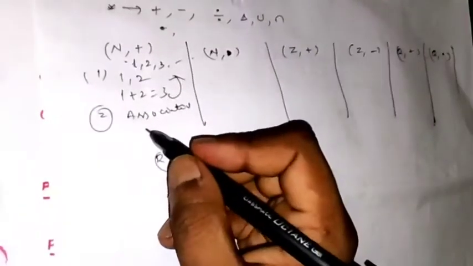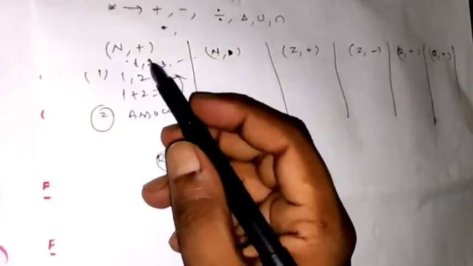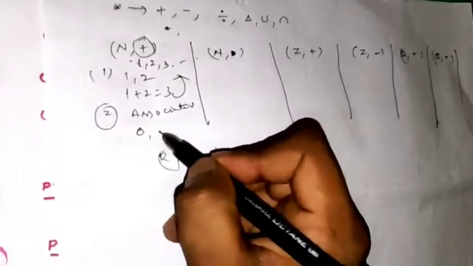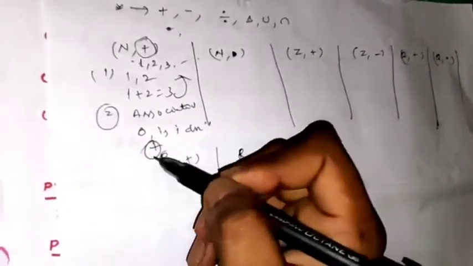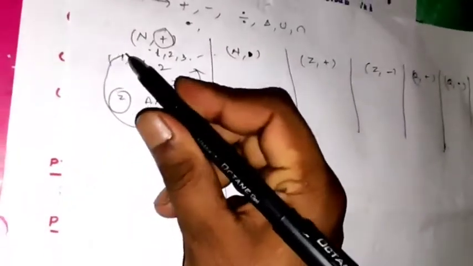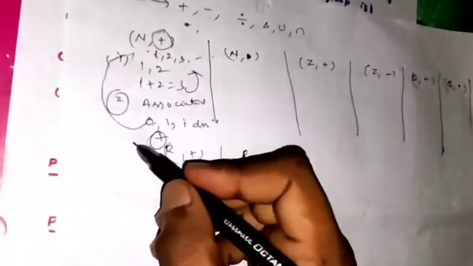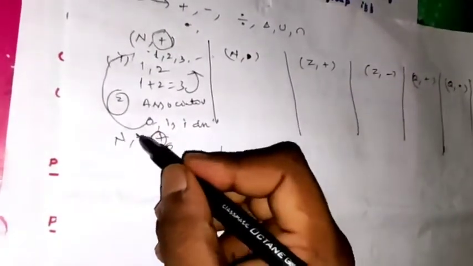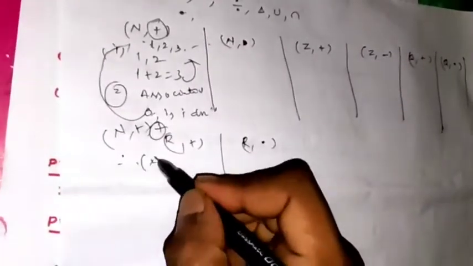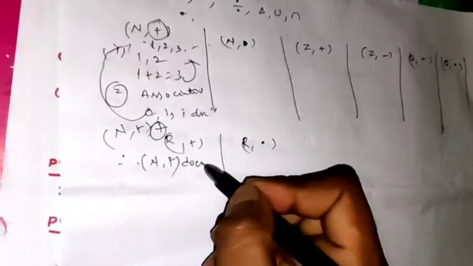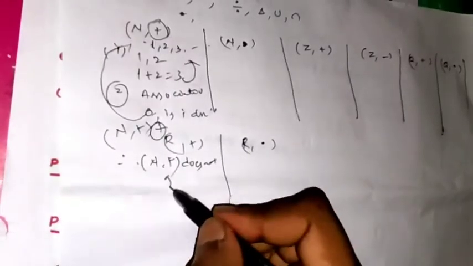We check whether the identity element is present or not. What is the identity element of plus? 0 is the identity element for the operation plus, but 0 does not belong to our set N. Therefore (N, +) does not form a group.